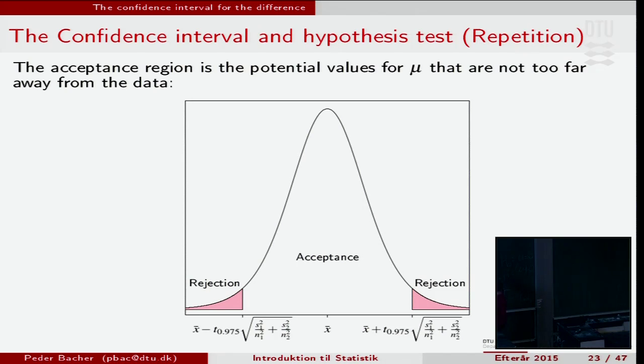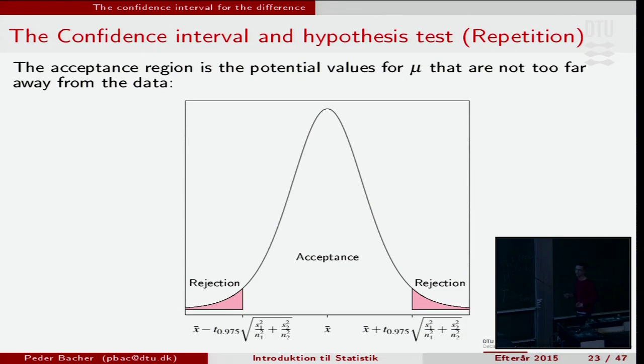If we repeated this experiment and calculated this again, 95% of the time, with alpha equal to 5%, the real difference would be inside this interval. Sometimes it would be out here, but 95% of the time it would be inside.